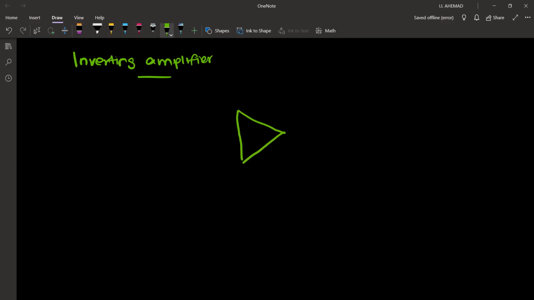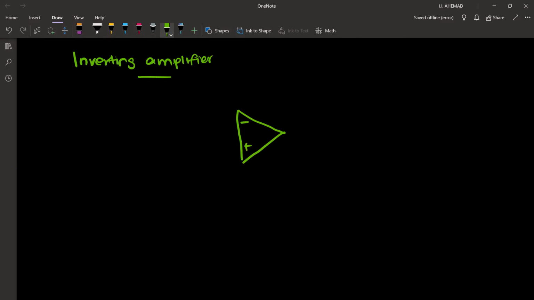There we have two types of amplifier. One is the inverting amplifier. In an inverting amplifier, which terminal do we call the inverting terminal? The positive or the negative?